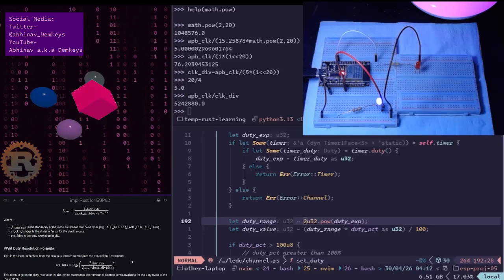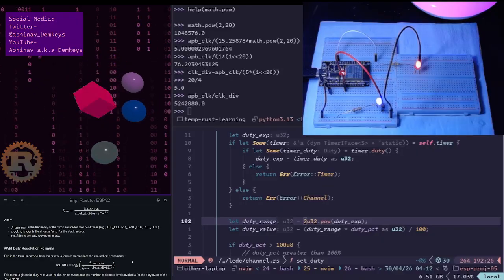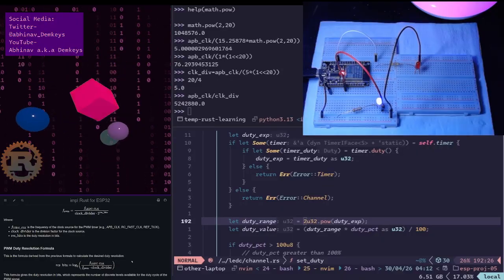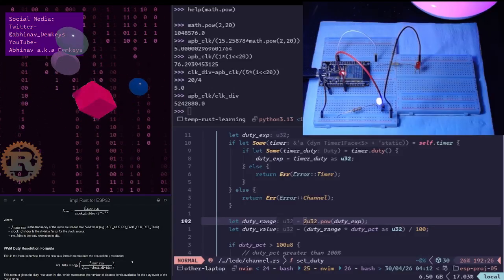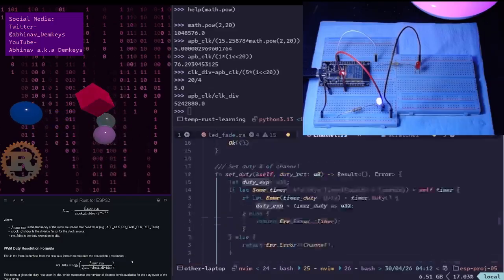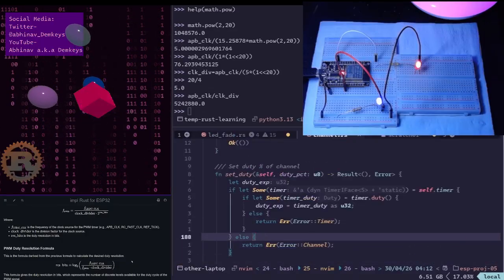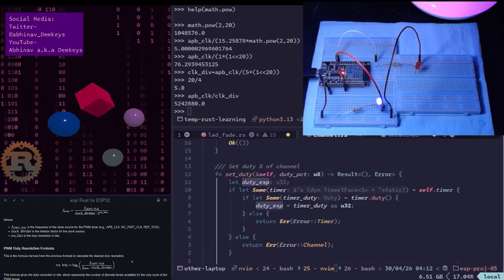We were talking about duty resolution. The duty resolution, not max value, is 4 bits. So then we do 2 to the power of the exponent, which is our timer duty here, and that gives us the maximum range.